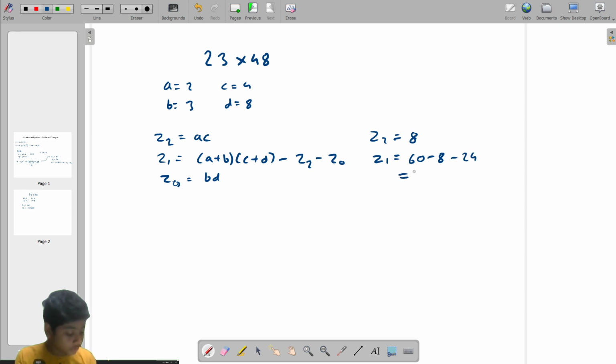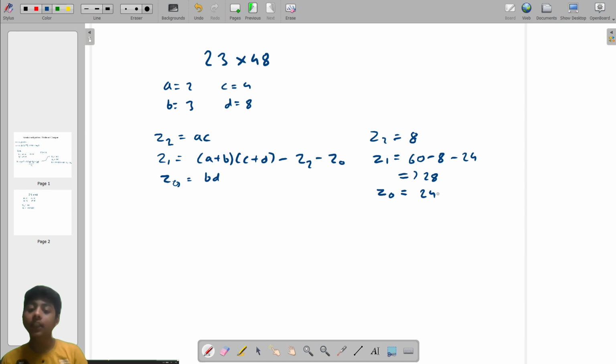So on solving, this will become 32, and the final value will be 28. Whereas Z0 will be equal to B times D, that is 3 times 8, that is 24. Now I could reconstruct this into a number.